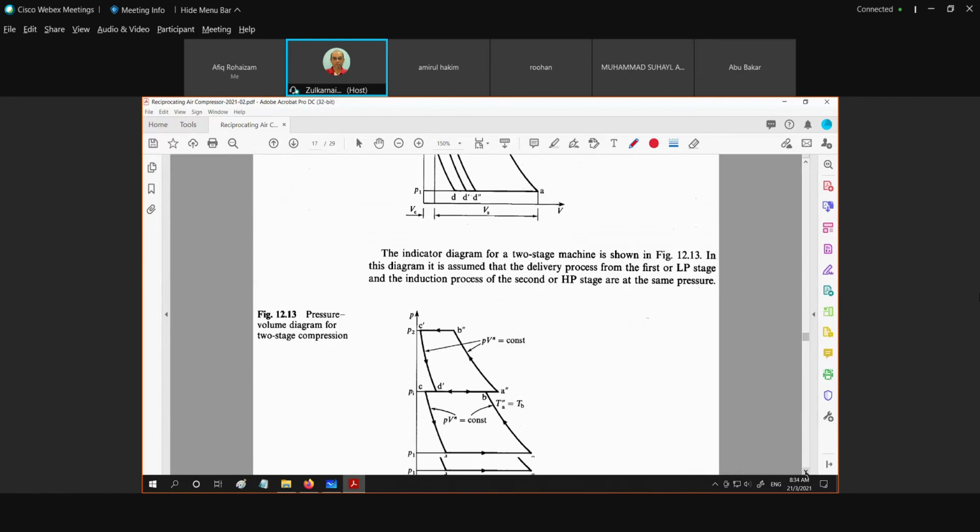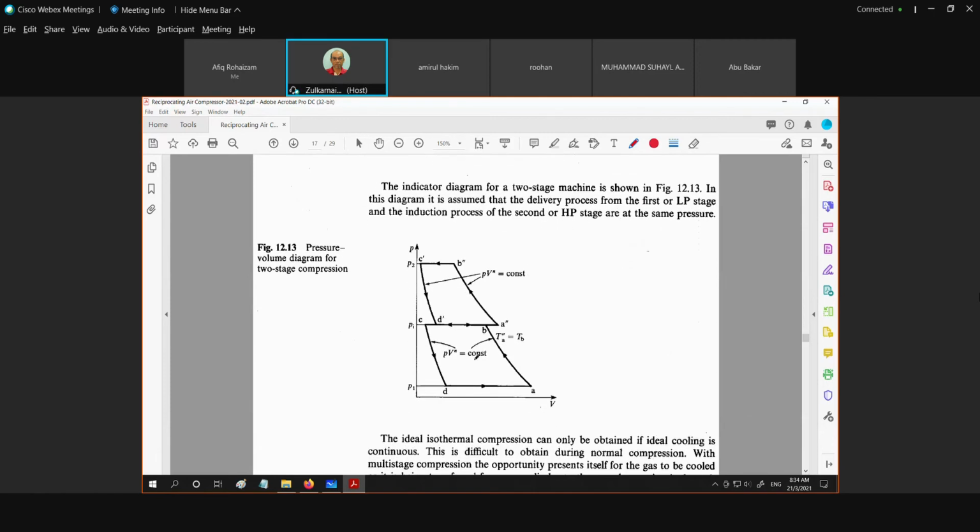So kalau multistage compression, lihat, this is the low pressure stage, this is the high pressure stage. Lihat, kita maintain kita punya VA minus VD. Dan pada higher stage juga kita akan maintain kita VA tolak VD. Okay? So kita akan dapati bahawa kita boleh maintainkan kita punya volumetric efficiency.